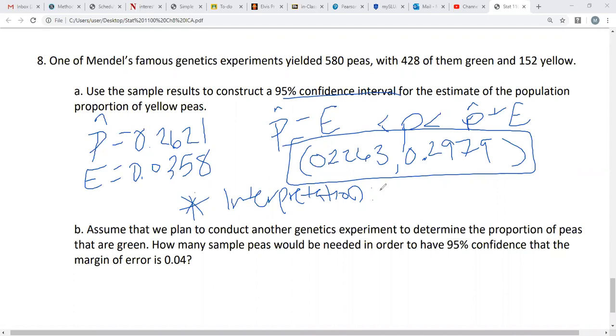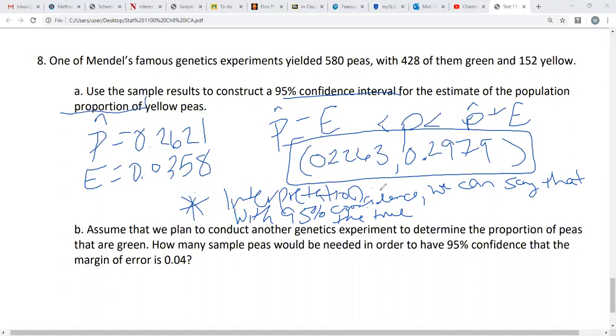So with the interpretation of this 95% confidence interval, again, we want to make sure to state that with 95% confidence, we can say that the true, and then we need to know what it is we're talking about again.